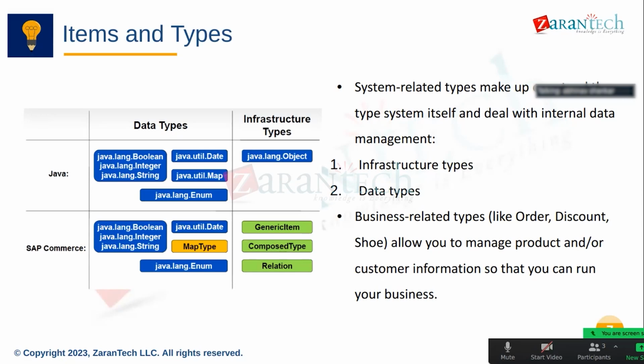If there are multiple cron jobs for products, offers and everything, we can put all the cron jobs into the composed type. So if there is a set of actions that needs to be performed, all together they can be put in a composed type. That's what you mean to say?